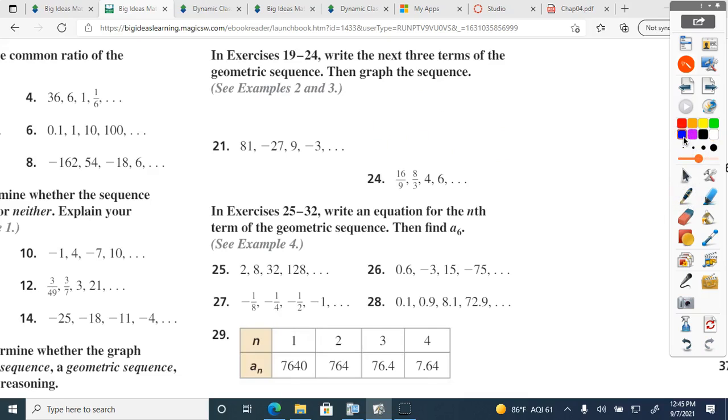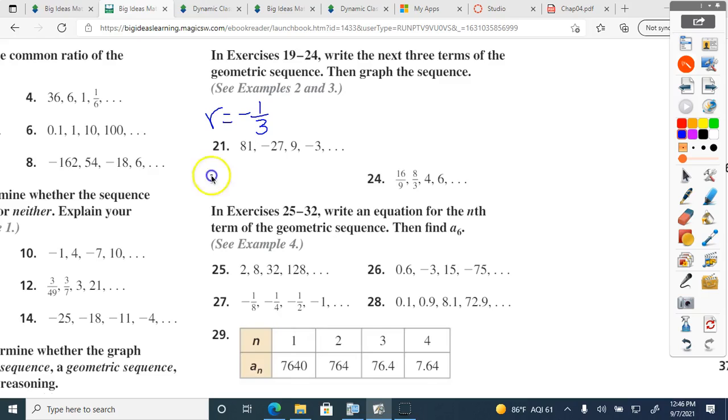What is my R? Y'all were saying it earlier. It's not 1/3, but what? Negative 1/3. Okay? R will always be negative if you're going positive, negative, positive, negative, positive, negative on your sequence. Now, we said our first answer was 1/3. That's incorrect.